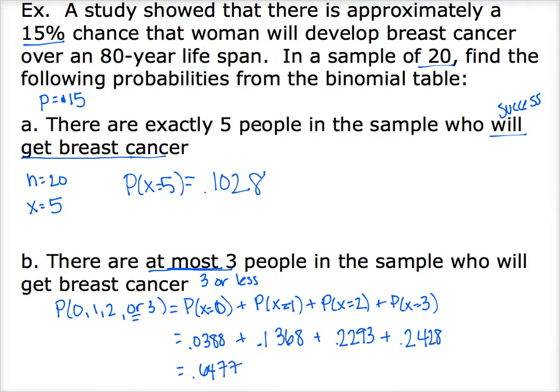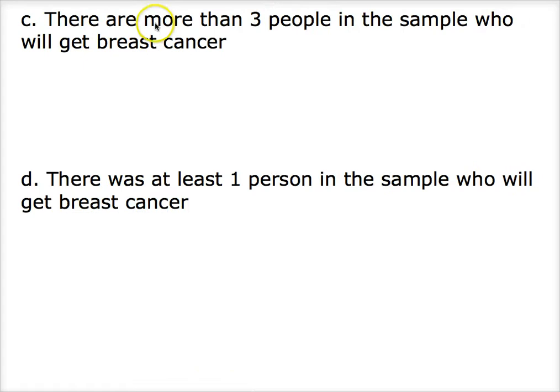So the probability that at most 3 people will get breast cancer is equal to 0.6477. Find the probability that there are more than 3 people in the sample who will get breast cancer. So our event is defined as more than 3. So the complement of this would be 3 or less.